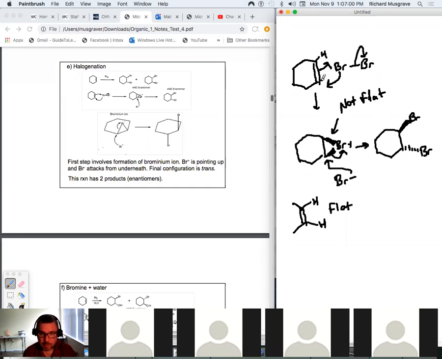I haven't shown them. But if I did, those hydrogens would be drawn pointing downwards. But I don't really want to talk about those hydrogens too much, because we don't really need to draw them in. We're only interested in what's going on with the bromine. All right, does anybody have any questions about this one?